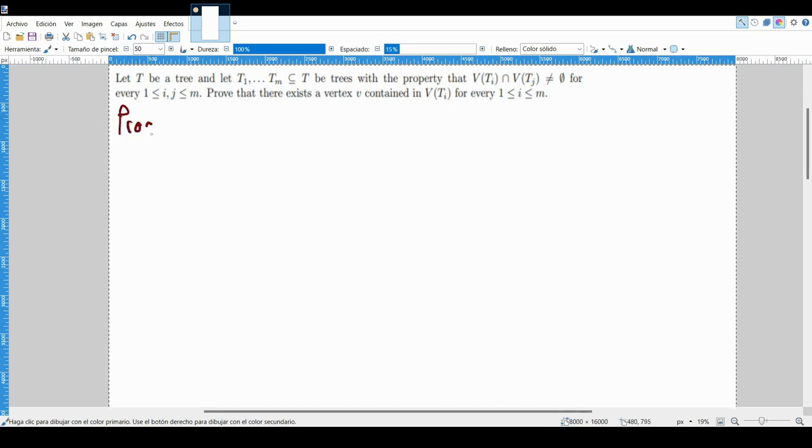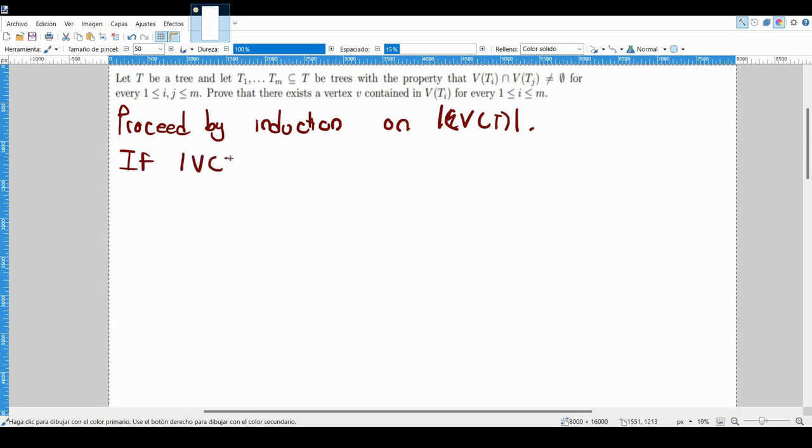We're going to proceed by induction, and the thing that we're going to look at is the number of vertices, so the vertex set of T. Now, first off, we'll have the base case of the amount of vertices being 1, so just one vertex.